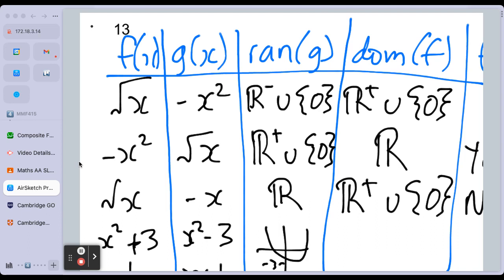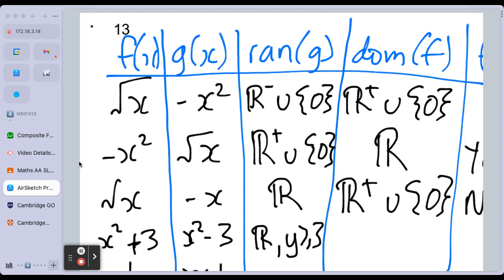So the range, all the output values, is going to be anything above minus 3, including minus 3. So the output is going to be all real numbers as long as y is greater than or equal to minus 3. Does that make sense?